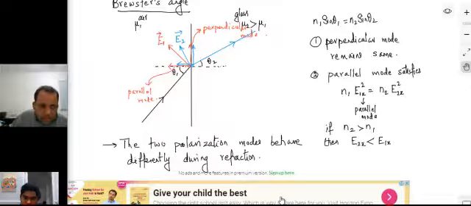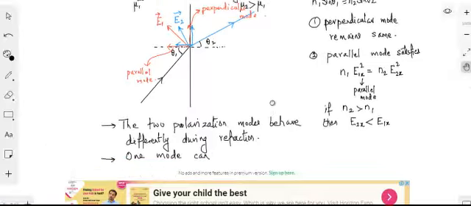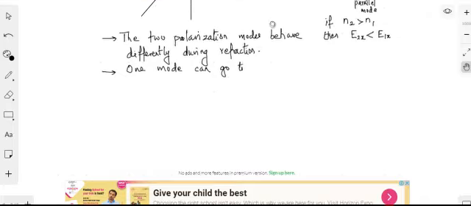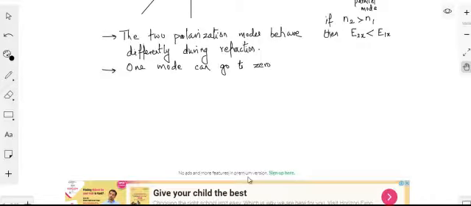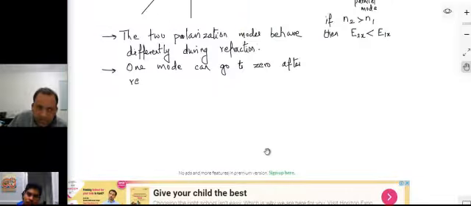And in Brewster's angle, one mode can go to zero. Only one of the modes, not both, can go to zero after refraction. It is not always.